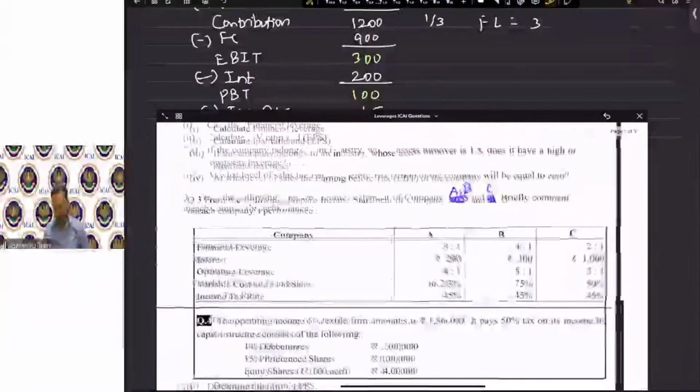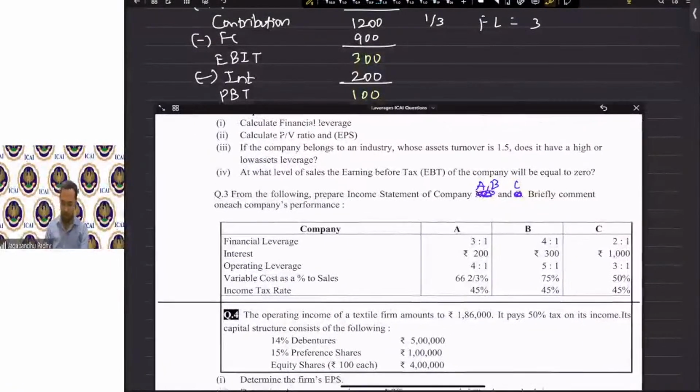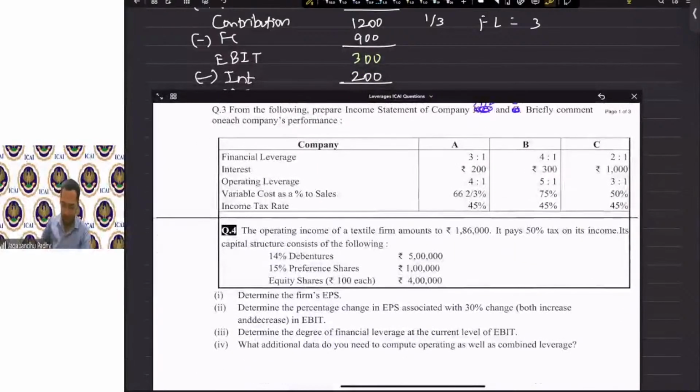I've anyways uploaded this on the portal. If you're not able to find it on the portal, please copy down the numbers for company B and C. I'll give you 2 minutes, and then post that we'll have time to solve with a break in between.